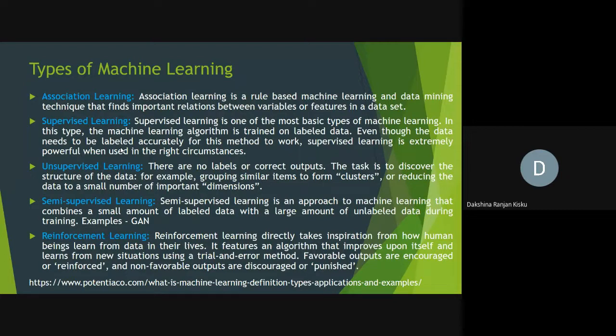Structure of the data means they group similar items to form clusters, or reduce the data to a small number of important dimensions. These two are the prime tasks done by unsupervised learning algorithms: making clusters and reducing the data to a small number of important dimensions.